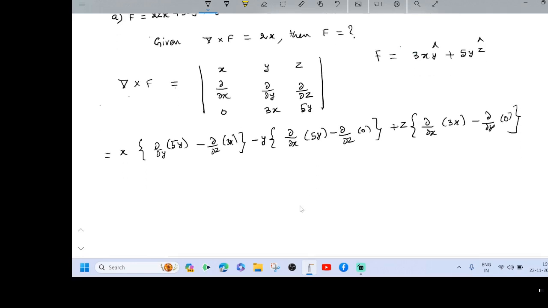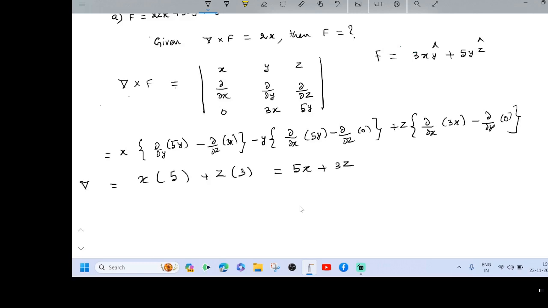So this is equal to x into dou by dou y of 5y is 5, and this is 0. These are all 0, plus z into 3, which is equal to 5x plus 3z.